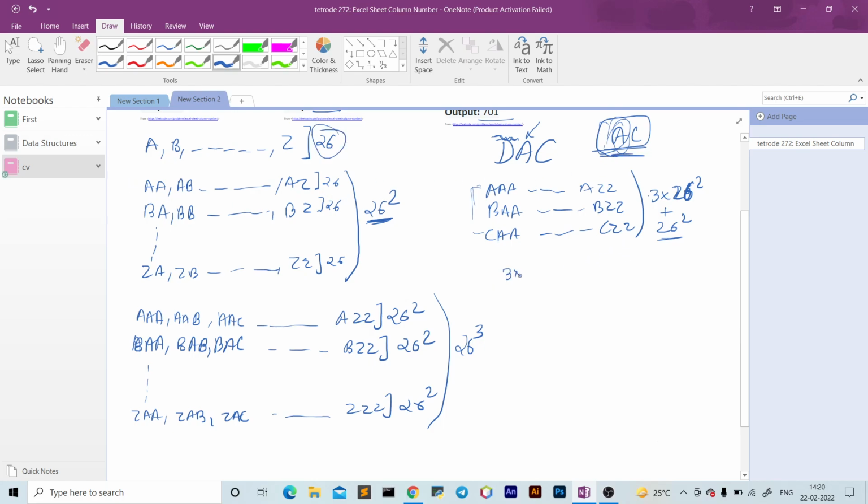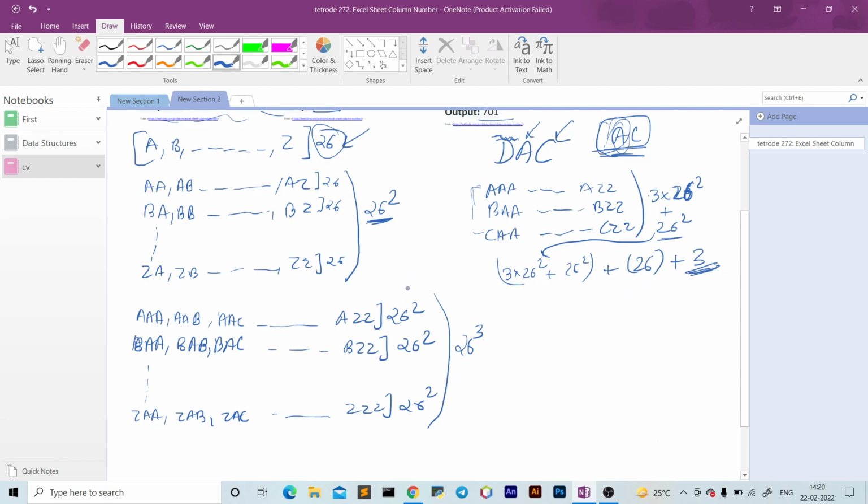So it would be 3 into 26 square plus 26 square from this level, plus 26 for this AC coming from this level, plus where would this C lie? C would be at the third position, and there is no level above this level, so it would simply be 3. So this would be the final answer.